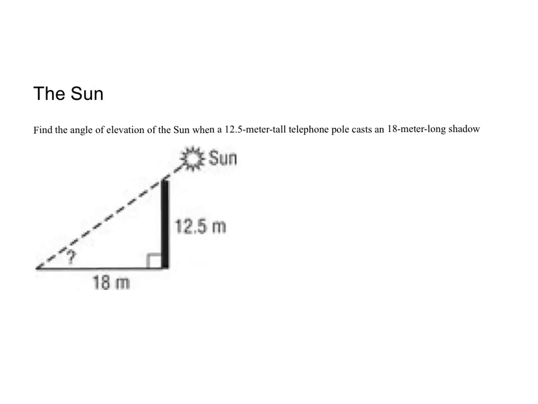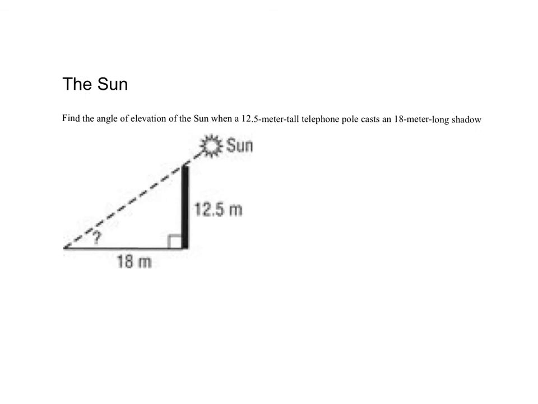Problem 2, the sun. We want to find the angle of elevation of the sun when a 12.5 meter tall telephone pole casts an 18 meter long shadow. So in this case, we're looking for this angle here of theta that we don't know, but we do have an opposite side to it and an adjacent side to it.